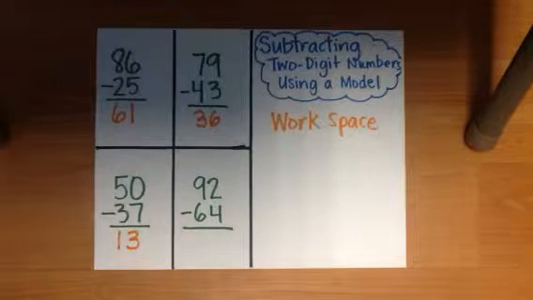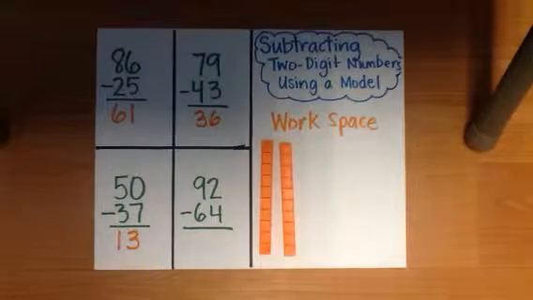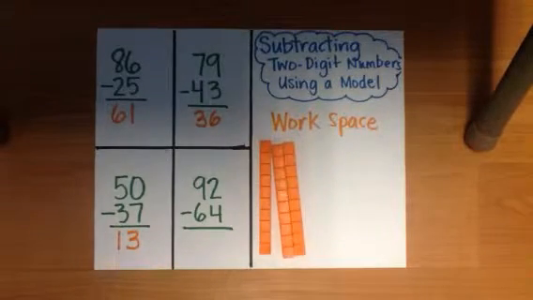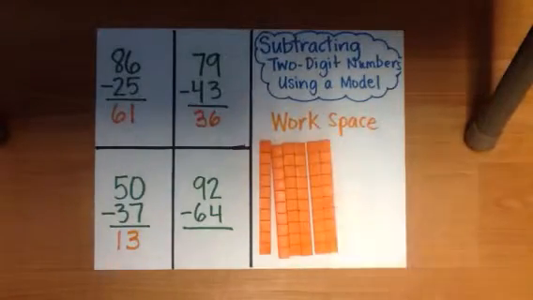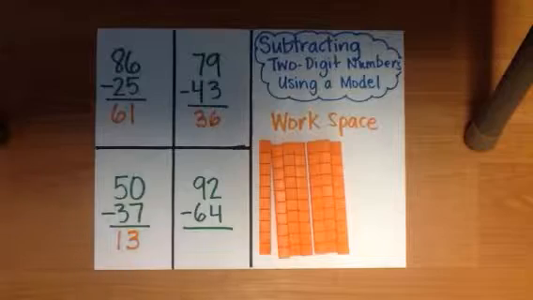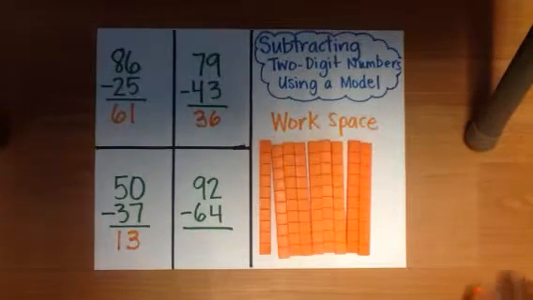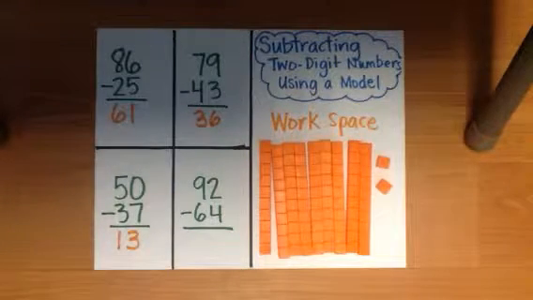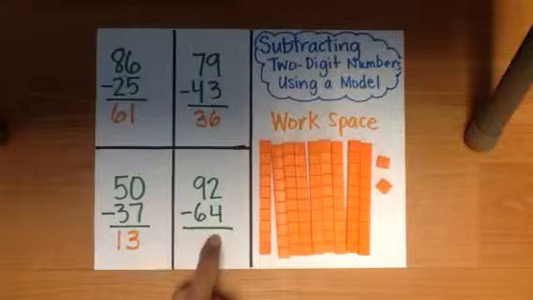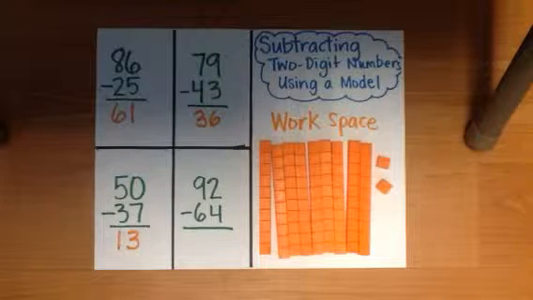Let's make 92. 10, 20, 30, 40, 50, 60, 70, 80, 90, 91, and 92. And now I have to take away 64. Oh my goodness, I only have 2 ones, but I need 4. So what can we do?